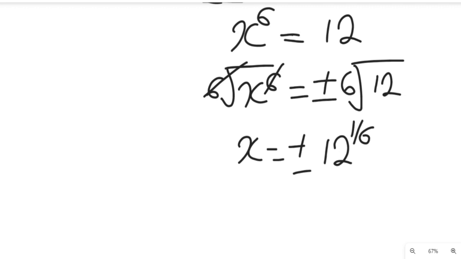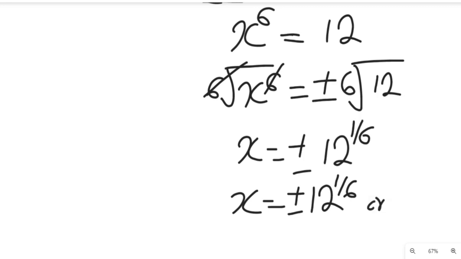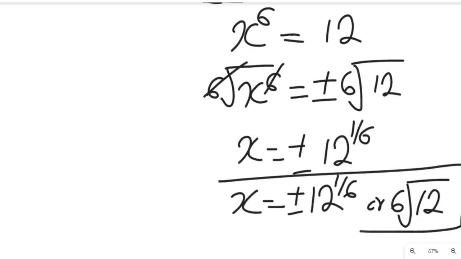So our value of x will be equal to either plus or minus 12 to the power of 1 divided by 6, or it can be equal to the sixth root of 12. This is the solution to that simplified Olympiad question.